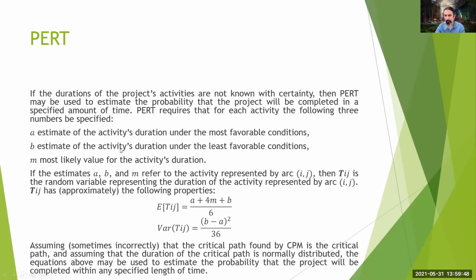The M is the most likely value, and it's close to the expected value most of the time, but it's not the expected value. And the variance for these things, this is how you calculate them: a plus 4m plus b over 6, and b minus a squared over 36. These are the expected value and the variance of these activities. And then you just calculate everything like CPM.